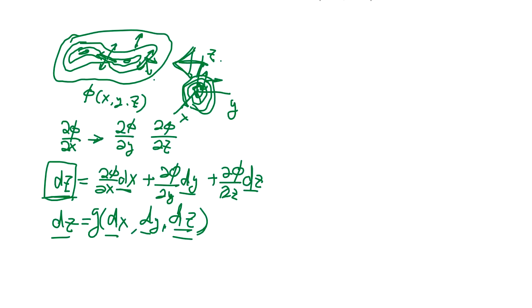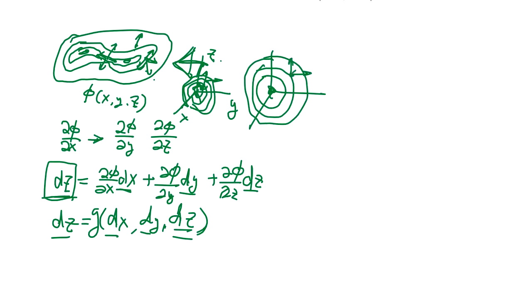Or you have an electric charge that creates a spherical potential, and depending on which direction you go, the electric field is different. That's all coming later in the physics.